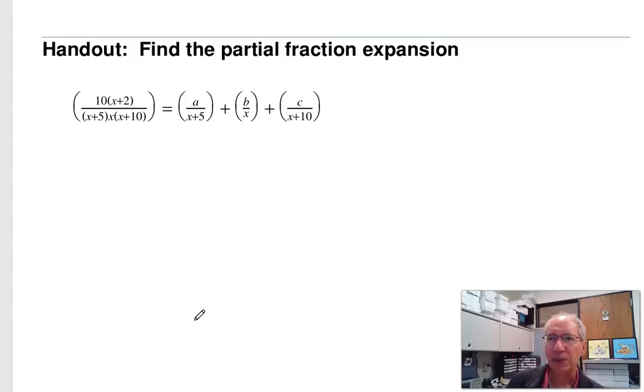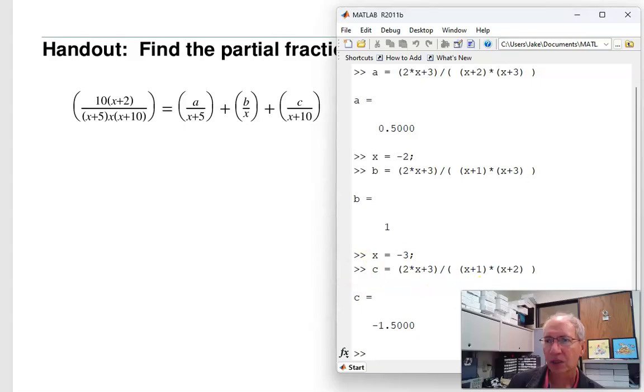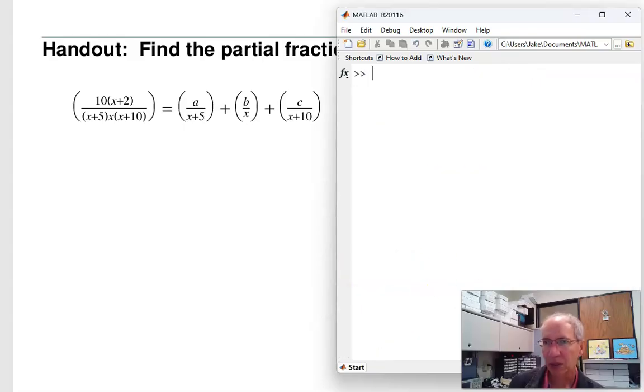Okay, let's use MATLAB. If x is -5, then A is 10 times x plus 2 divided by x times x plus 10. That's using the cover-up method. To get B, I'll cover up the x term.